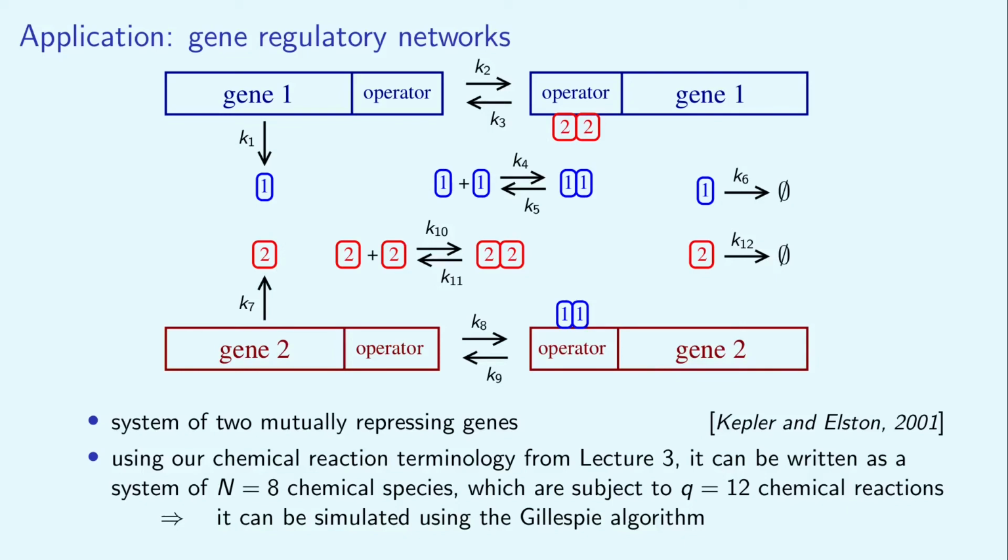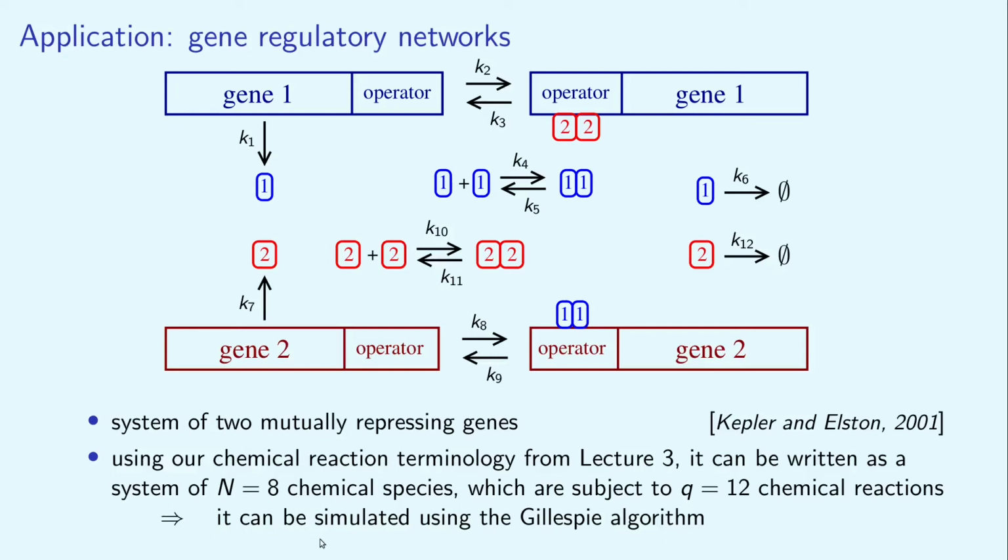In total, we have 8 chemical species. However, the chemical species corresponding to genes will only take molecular counts of 0 or 1. So we could also describe the state of the system with only 6 independent variables, which would keep track of the protein numbers and the states of genes that can be either on or off.